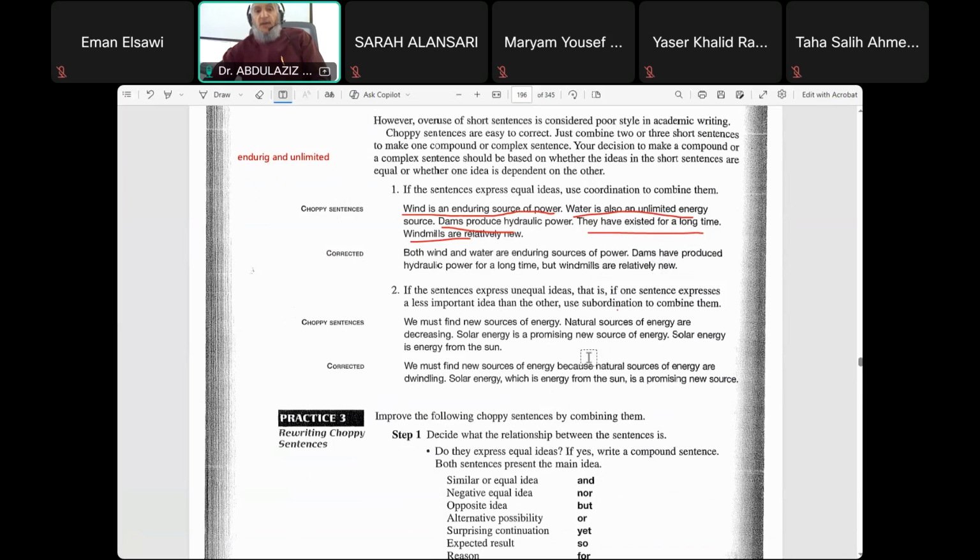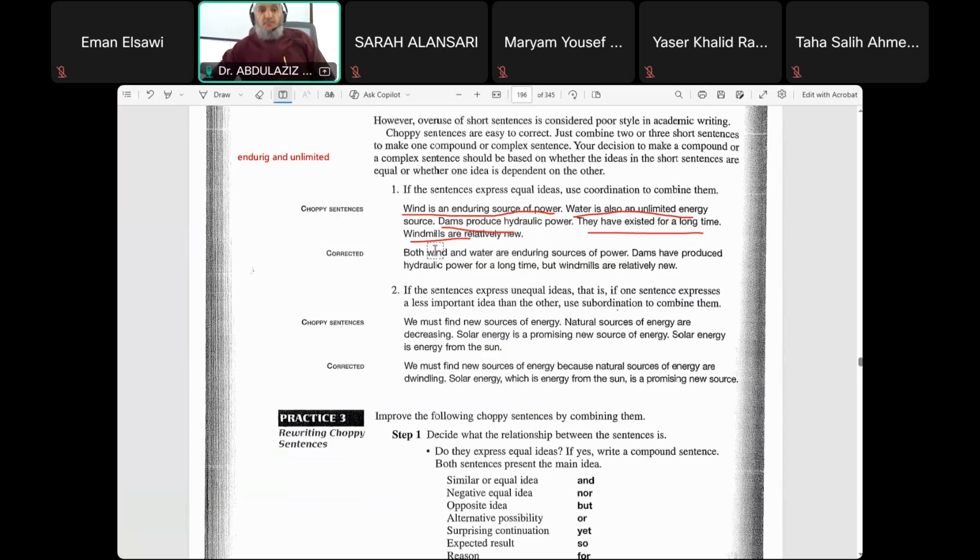Look at this, number 3 and number 4. Dams have produced hydraulic power for a long time. So he linked the second and third sentence. Then he added the fourth one. But windmills are relatively new. So he merged number 3 and number 4, and added number 5 by using a subordinating conjunction, which is but.